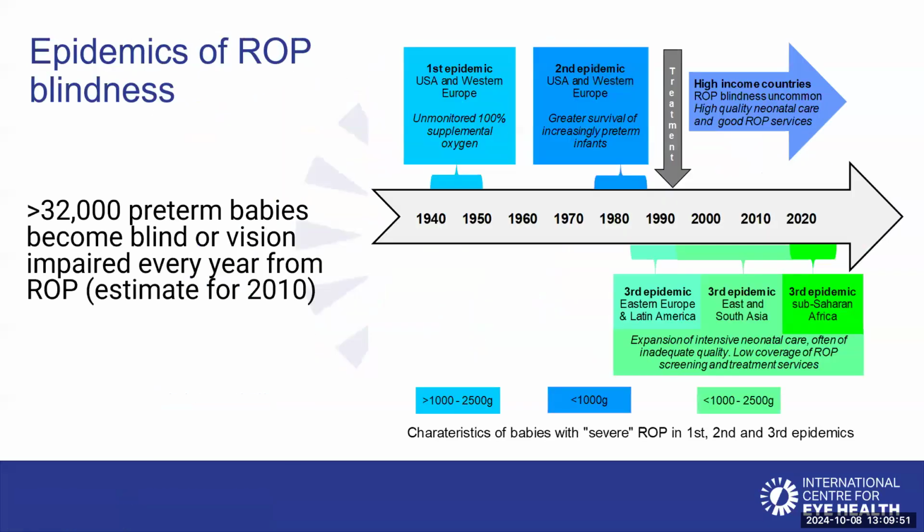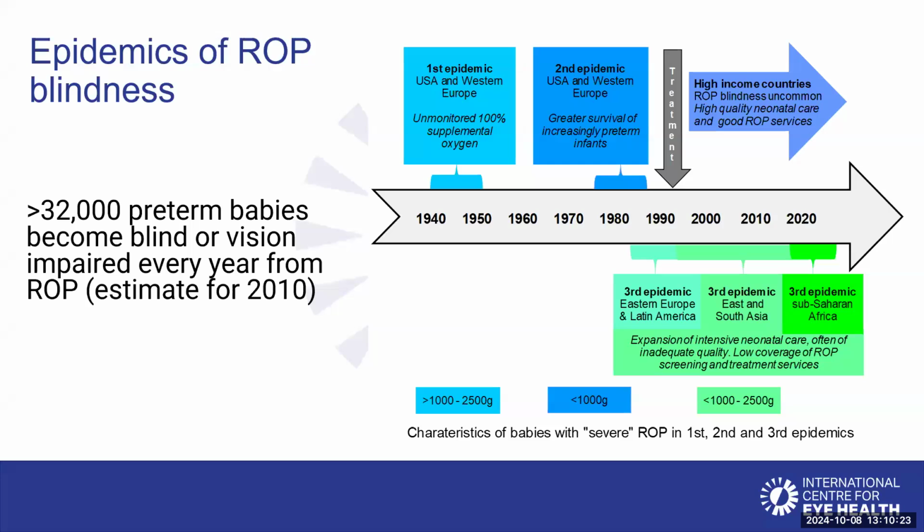Every year, 32,000 preterm babies become blind or vision impaired from ROP. That was the estimate from 2010, which we're currently updating, because although some countries are getting control of blindness, particularly in Latin America, as you'll hear, the third epidemic is now happening in Asia and now in sub-Saharan Africa.